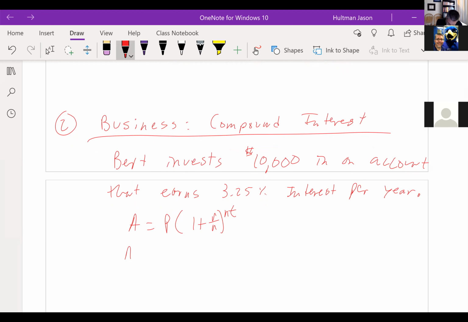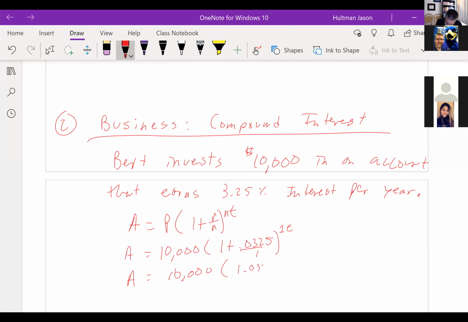So A is equal to 10,000 times 1 plus 0.0325 divided by 1, but that's just going to be itself, times 1 times t. So that's going to be equal to 10,000 times 1.0325 to the t power.